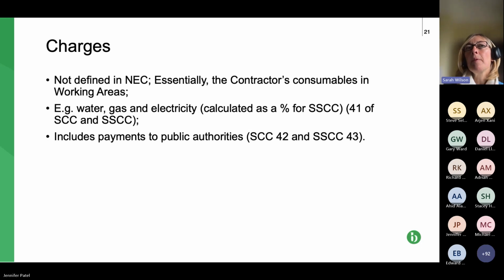So the contract data part 2 has to have a percentage in to allow that to be claimed by the contractor. It also includes payments to public authorities, statutory undertakers, etc. So that's both the schedule and the shorter schedule. So if we can have the next slide, please.